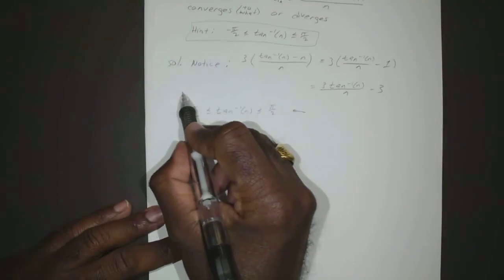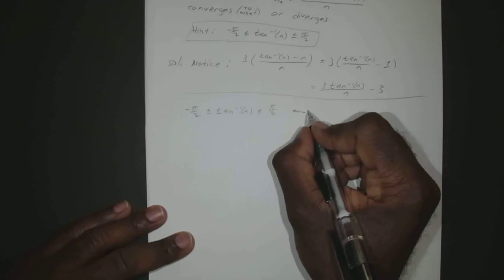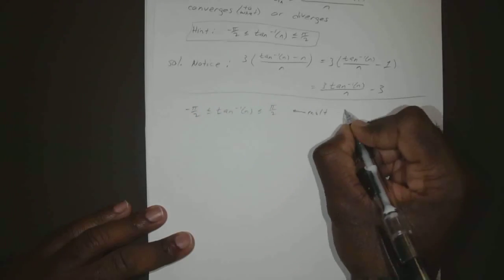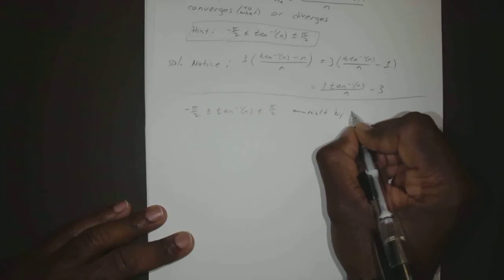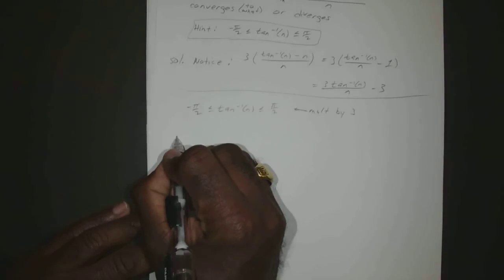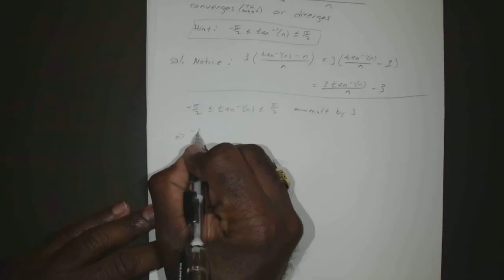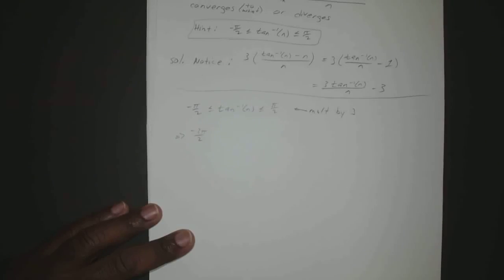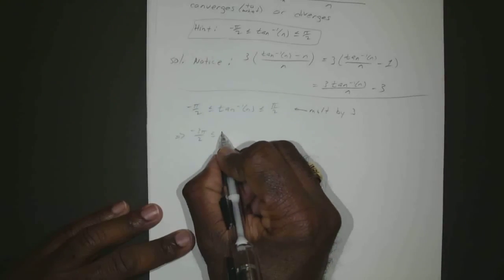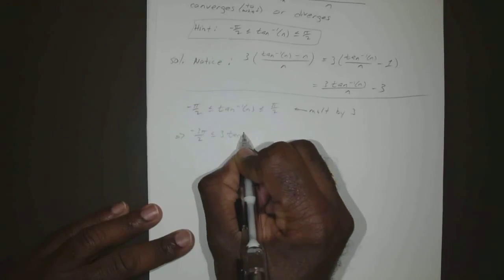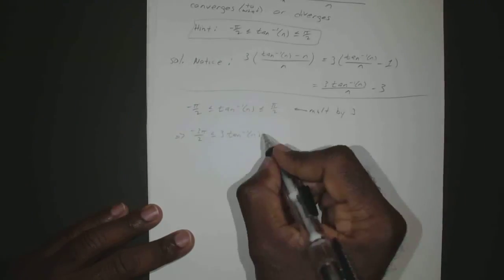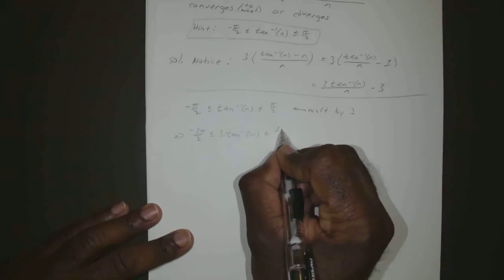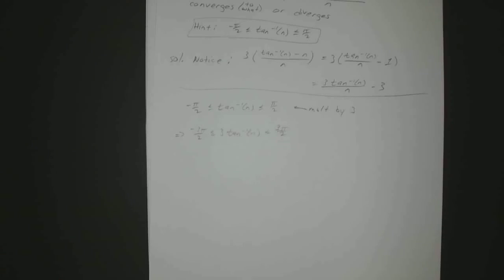Actually, let me separate those so they're not confused. So we have negative 3 pi over 2, which is less than or equal to 3 times the tangent inverse of n, which is less than or equal to positive 3 pi over 2.